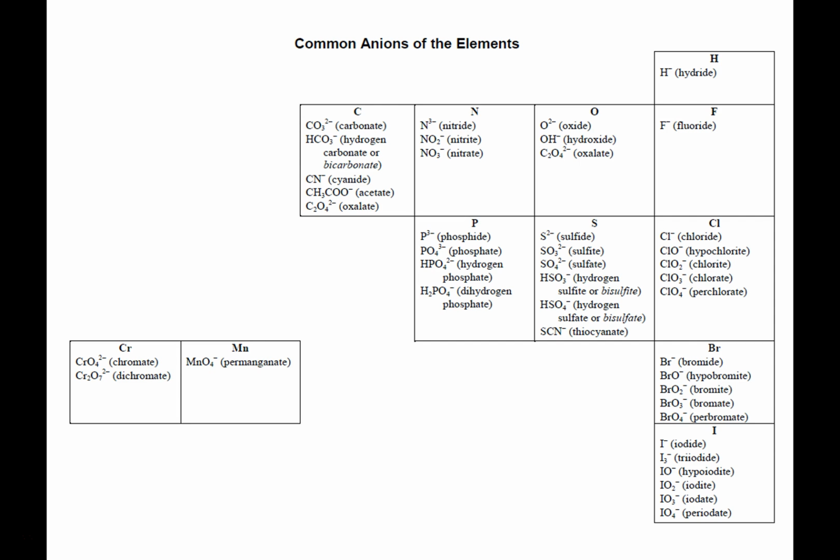The name is iron 2, Roman numeral 2, hydroxide. So what is the cation? Fe, yep, plus 2, very good.